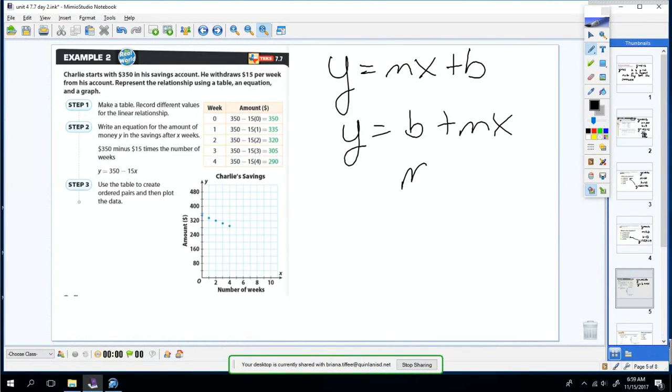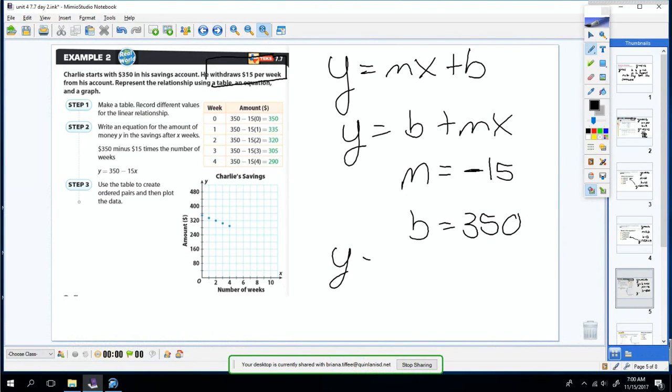Again, we've got to find our m, we've got to find our b. He withdraws $15 per week. Withdrawal means to take out. So that is a minus $15 per week, and it's our constant because it's per week. Our starting point is $350. There are two ways we can write this equation.